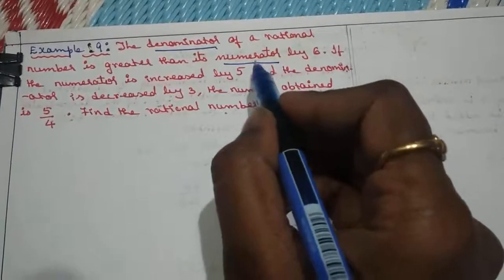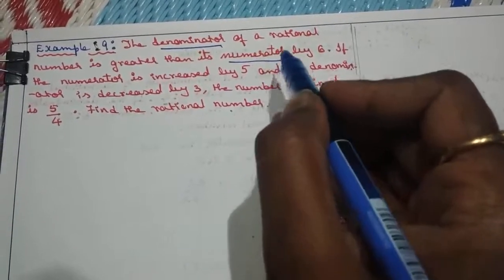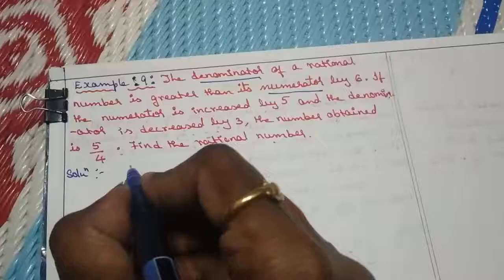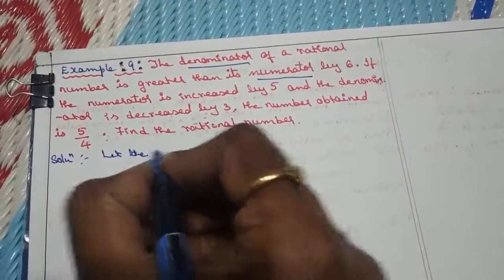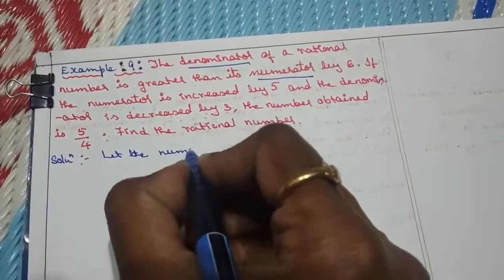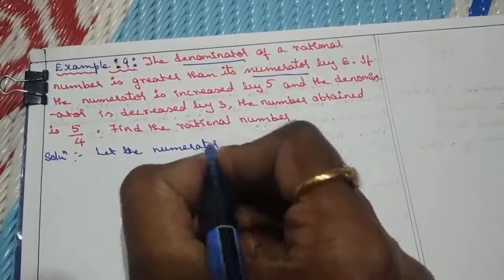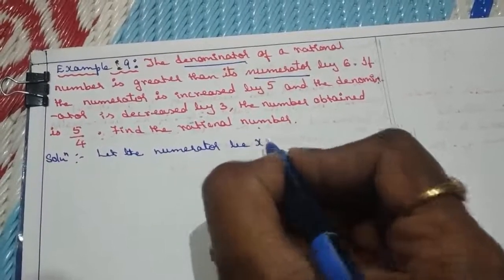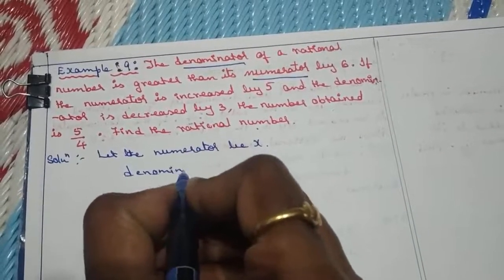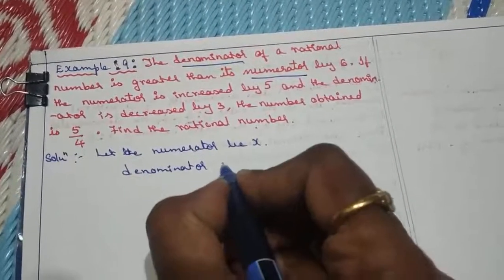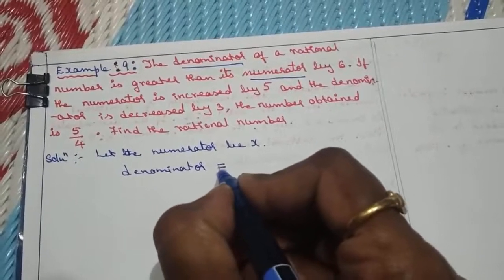So the second person here is the numerator. So we need to assume, let the numerator be x. Then the denominator: here it is stated that the denominator is greater.